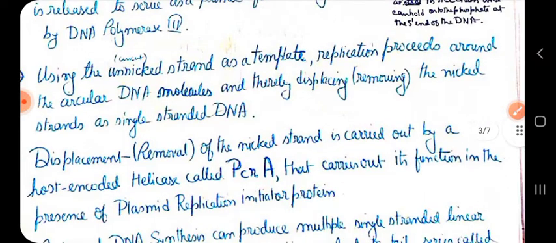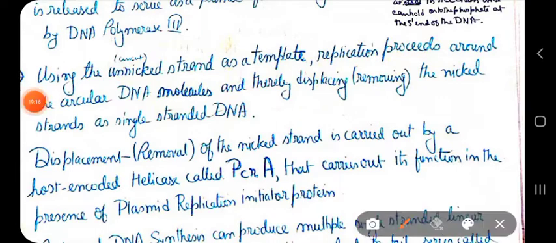And on the other hand, displacement, meaning removal of the nicked strand, will be carried out by some sort of helicase enzyme, and the name of that helicase enzyme here is PcrA, which carries out its function in presence of plasmid replication initiator protein.